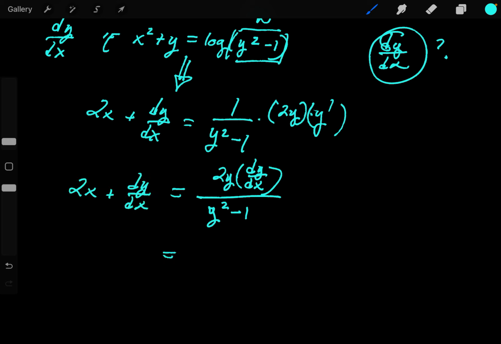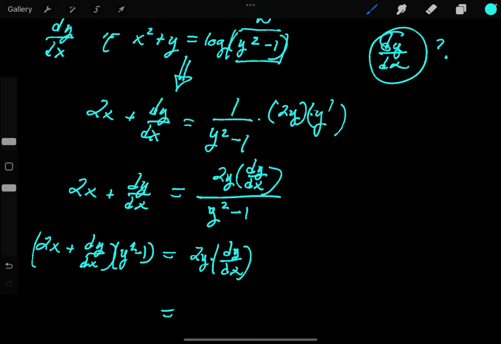And then you solve it for dy dx, and that's a little bit of a headache in this case. So how do I do this as fast as possible? The only way I see doing it is if I multiply by this y squared minus 1 on both sides. And I get 2y dy dx.